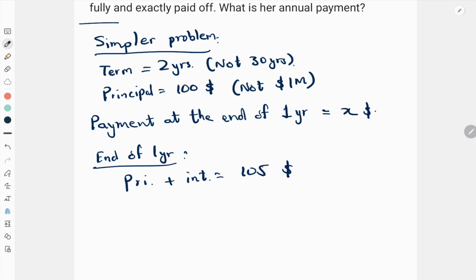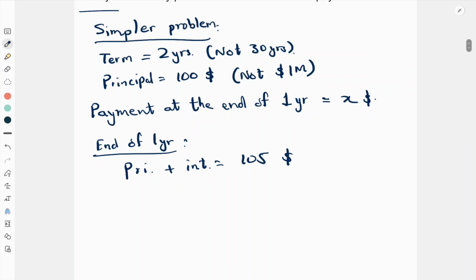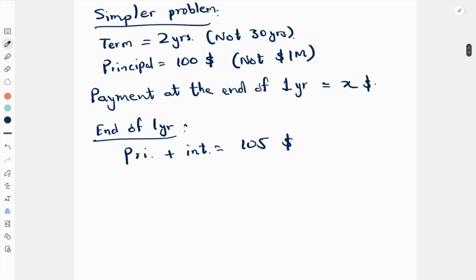My principal is $100, so principal plus interest at the end of 1 year is $105. I'm going to drop the dollar sign so that it does not bother the actual calculation, but always keep in mind that the numbers that I'm writing are in dollars. Okay, so the principal plus interest is 105, and what happens then?